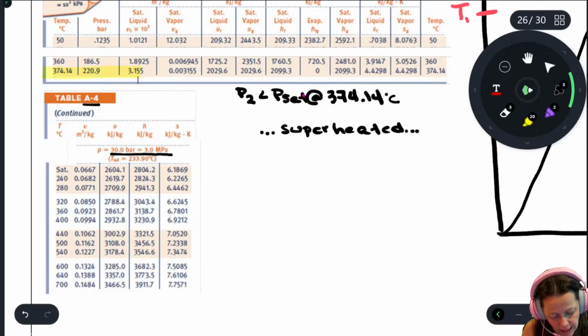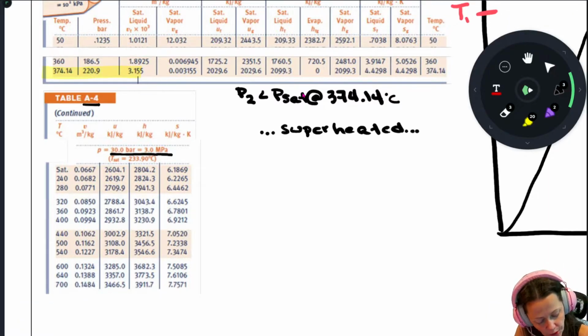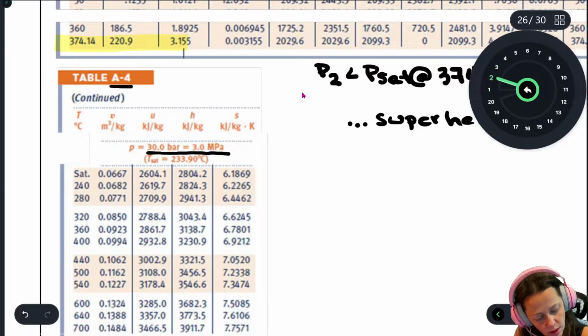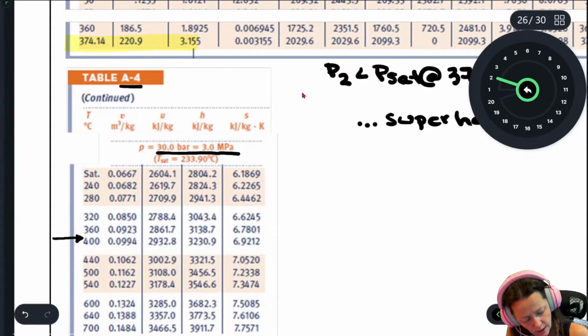So I do have my T2. It's a little bit smaller. So T2 was 374.14. Unfortunately, I'm right there.